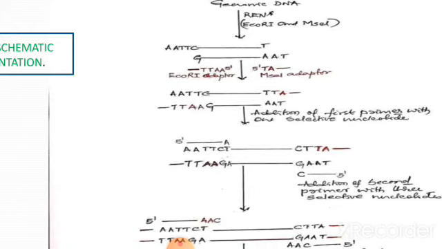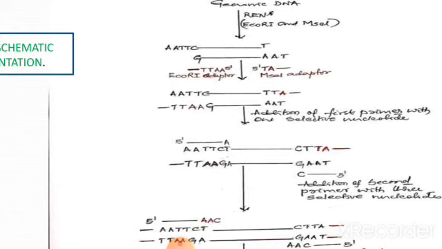Now, once you get the cut ends like this, you can always modify the cut ends so as to suit your experiments. There are around 10 methods, and out of 10, one such method is adding the linkers and adapters. Okay, so right now you can just know that you will add here an EcoR1 adapter and an MseI adapter.